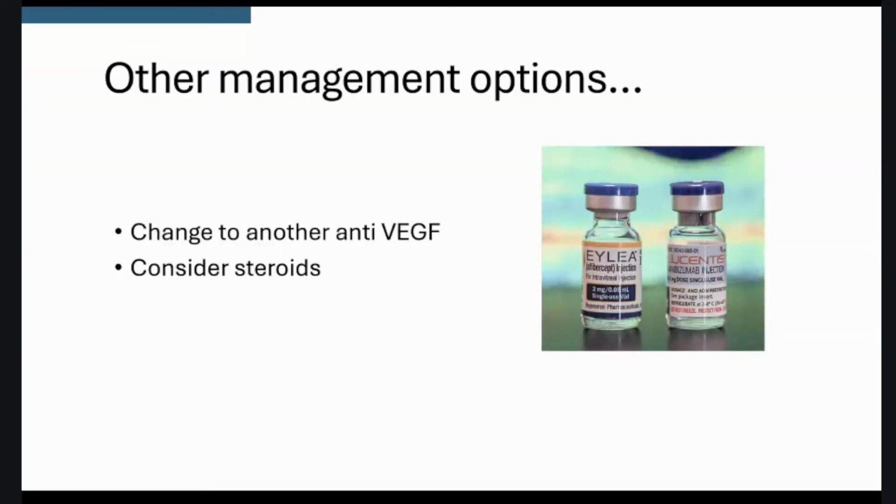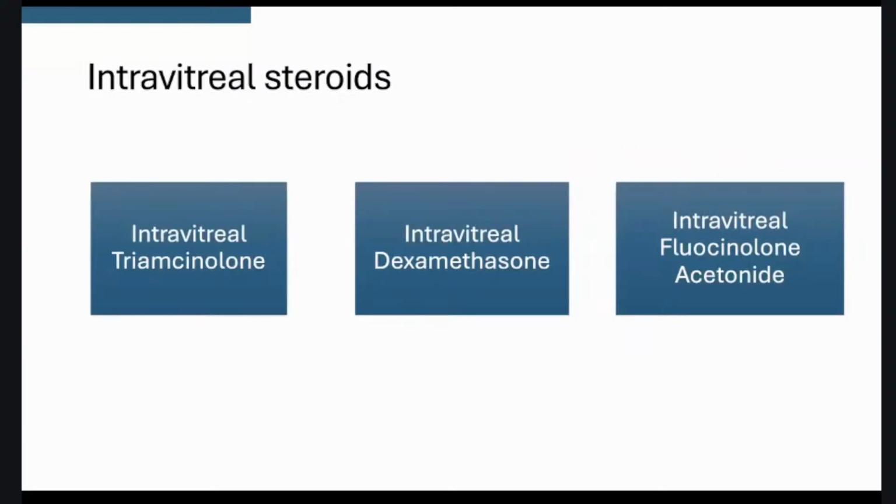And so we may need to consider that. The other thing that we should think of is maybe changing class altogether and moving away from the anti-VEGF and giving intravitreal steroids, because sometimes some patients will respond to steroids.